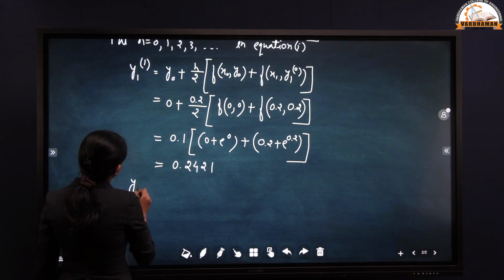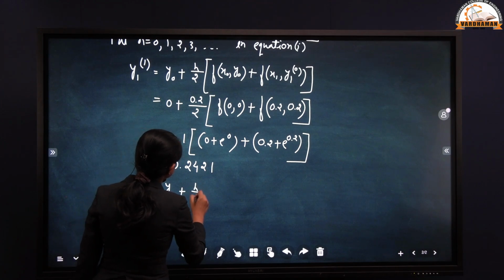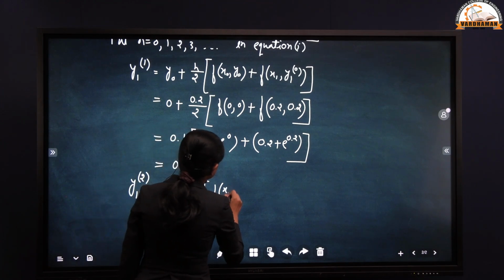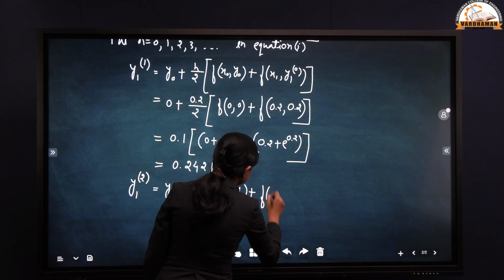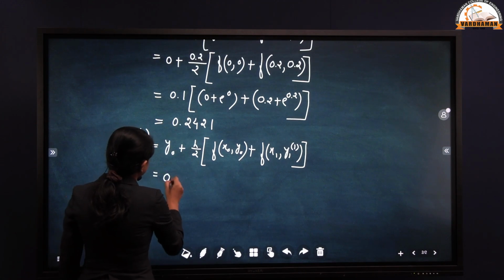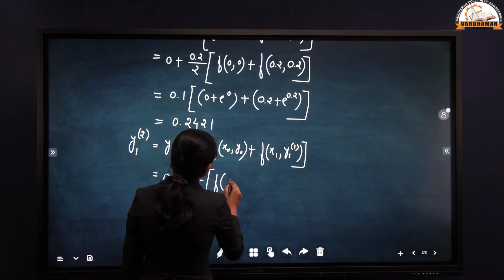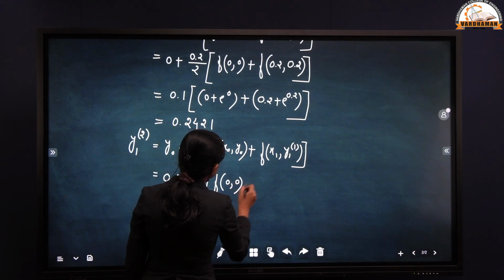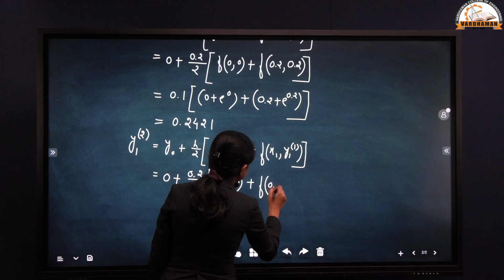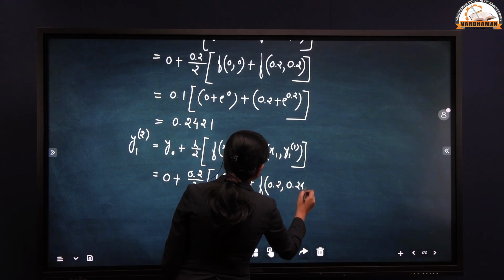We will get y1 2 equal to y naught plus h by 2 f of x naught comma y naught plus f of x1 comma y1 1. y naught is 0 plus 0.2 by 2 into f of x naught is 0, y naught is 0 plus f of x1 is 0.2 and y1 1 is 0.2421.